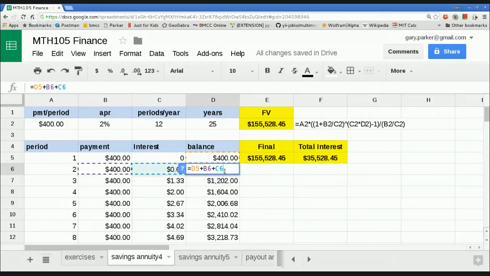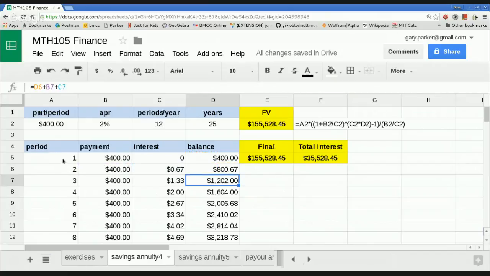As far as the balance goes, the balance is just my previous balance plus my new payment plus the interest based on the old balance. Really simple sum. Once I have those formulas, an absolute reference for the payment, a combination of relative and absolute references to get the interest, and a combination of just relative references to find the new balance, I'm ready to fill it down.